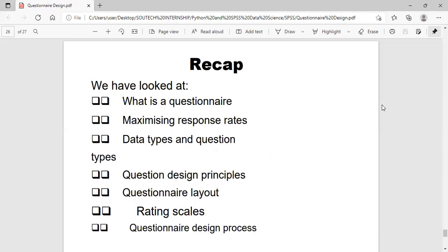So next, recap. We have looked at what is a questionnaire, maximizing response rates, data types and question types, question design principles, questionnaire layout, rating scales, questionnaire design process.